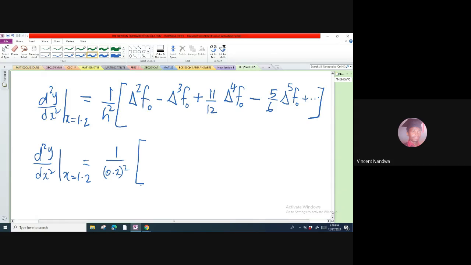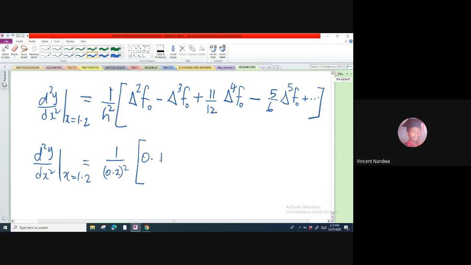into, now here you have to be very careful how to identify the values. The second difference of f naught is 0.1627. Note, you need to use the value in the second column.